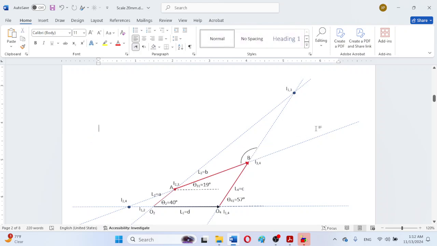In this way, the angles with the help of arcs can be shown here like this. These angles are actually to be calculated.